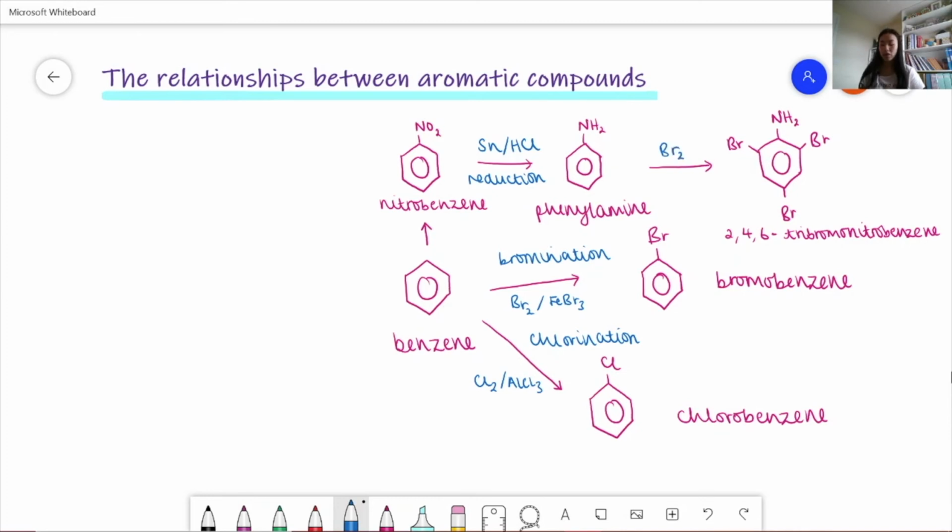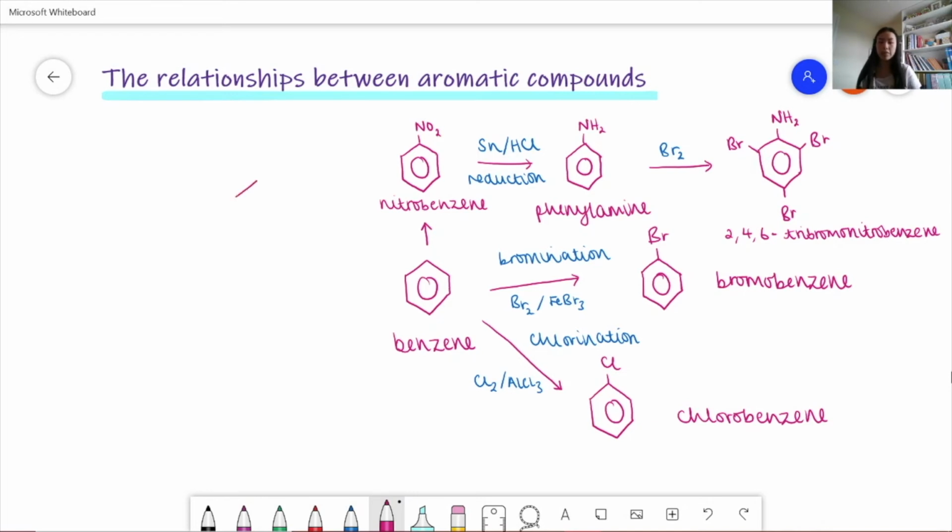What we can also do with benzene is go through Friedel-Crafts, and we have either Friedel-Crafts alkylation or acylation. Firstly, looking at alkylation, what we do is basically add an alkyl group to it. We're adding a haloalkane, and it's going to replace the halogen from the haloalkane to form this alkyl benzene.